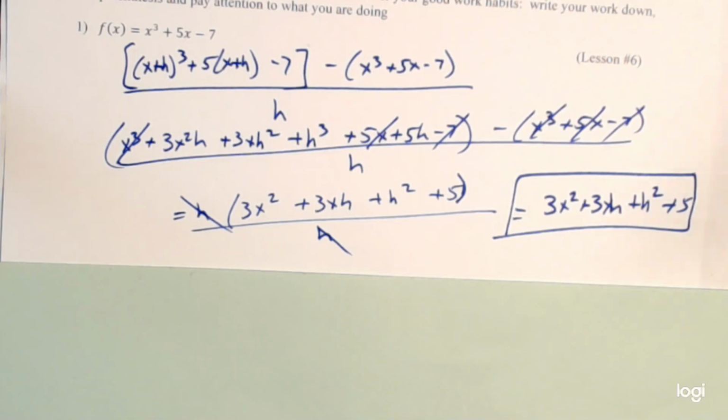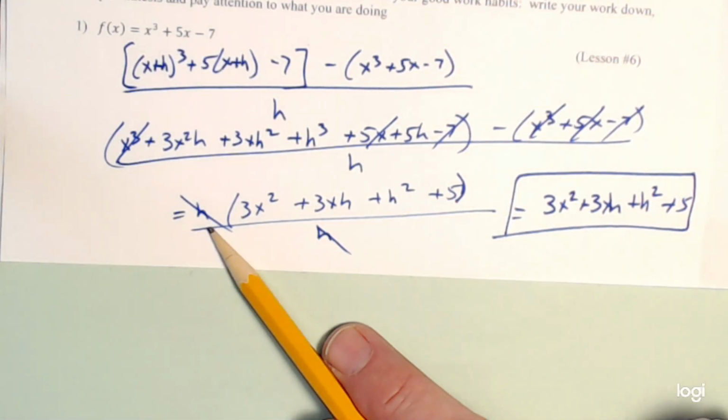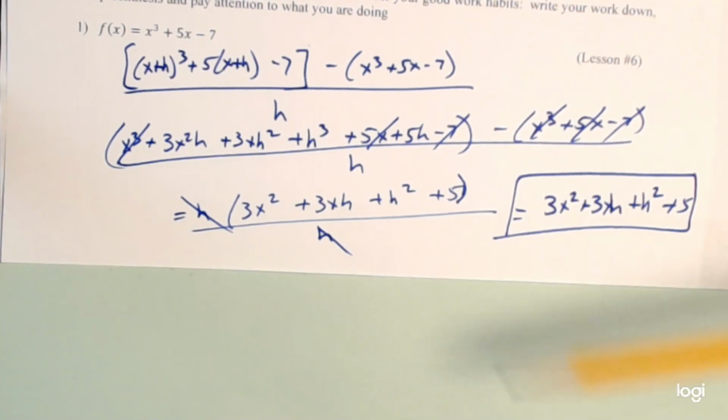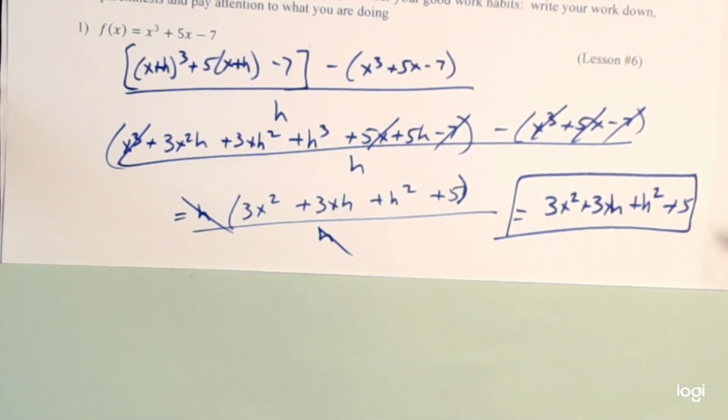Notice every term that's left includes an h, taking that out as a GCF. Canceling out those h's. Remember, difference quotient is going to conclude like that each and every time, leaving us with 3x squared plus 3xh plus h squared plus 5.